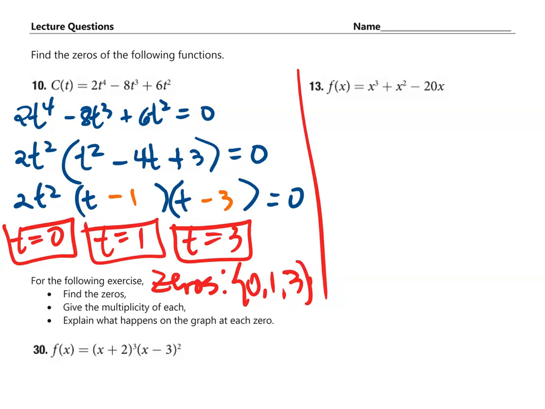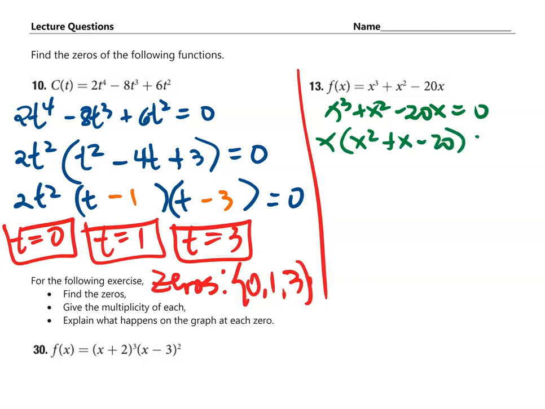Okay. 13. f of x equals x cubed plus x squared minus 20x. Set this to 0. x cubed plus x squared minus 20x is equal to 0. Each term has a variable x, so I can factor out x. x squared plus x minus 20 is equal to 0.